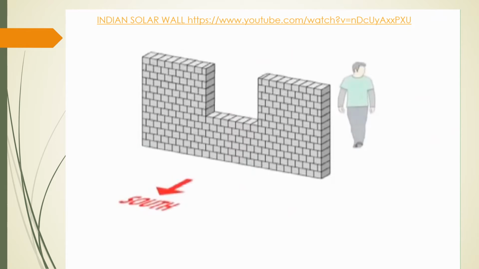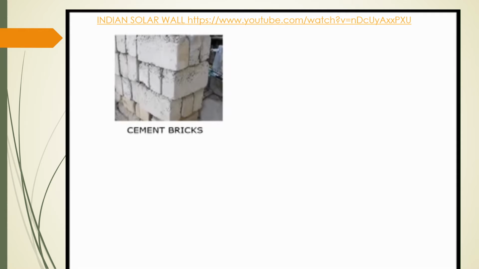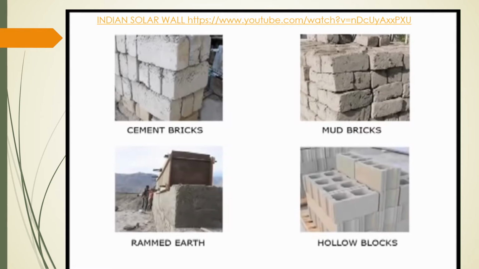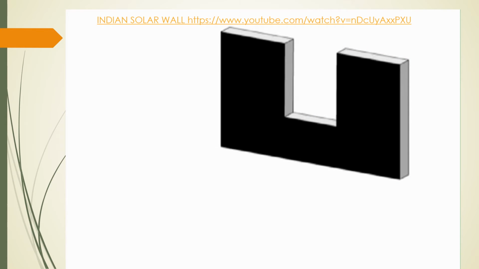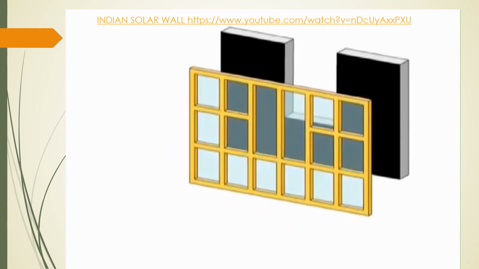A solar wall is a thick south-facing masonry wall made of a material that absorbs a lot of heat. The best materials to build the wall are cement bricks, mud bricks, rammed earth, or cement hollow blocks filled with cement or mud. The wall is plastered and painted black on the south side. The outside surface is covered with a double glazed frame that has one or several windows.